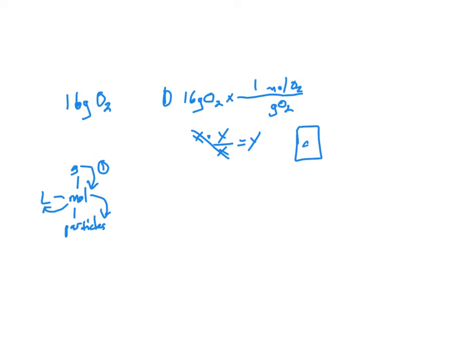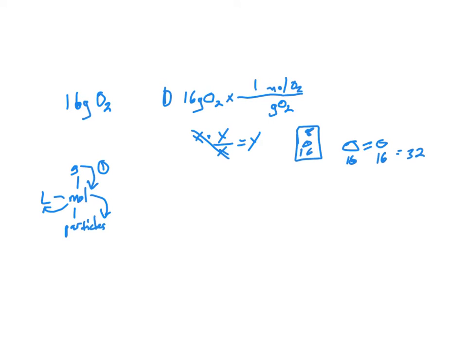A lot of people would mistakenly put a 16 here, but that would be wrong. This is O2, so that's an O double bonded to another oxygen atom. And so each oxygen atom, if we had 1 mole of oxygen atoms, each mole would be 16 grams. So this would be 16 plus 16. So the total mass of O2 is equal to 32 grams. So we put a 32 here.